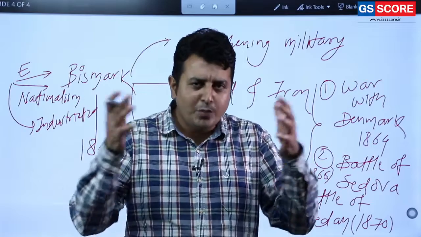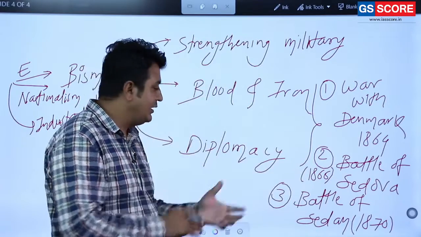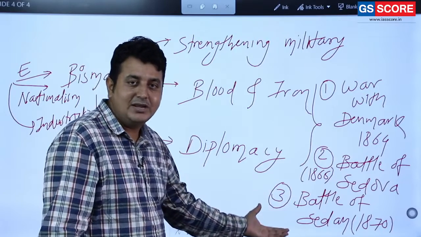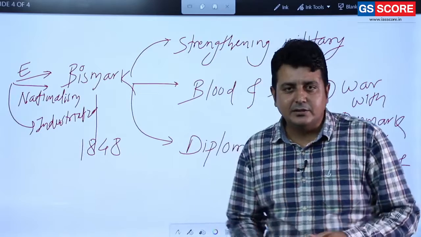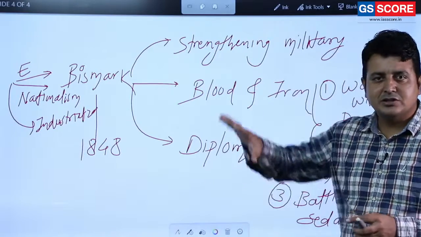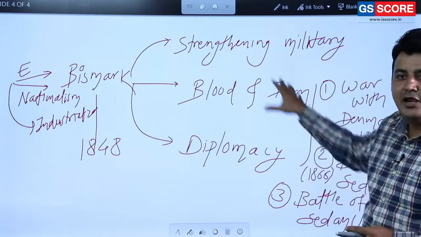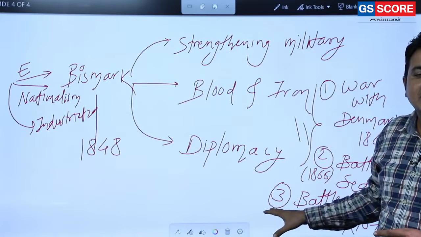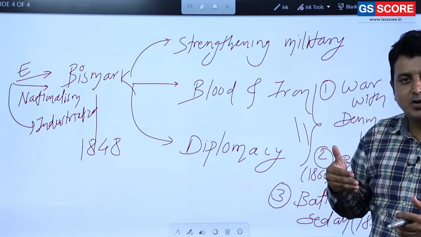There are so many factors which played a role in the unification process, and finally it culminated in 1870-71. Is that clear? I mentioned the concept because we started from the cultural movement and ended with the unification of Germany, and so many factors played an important role.